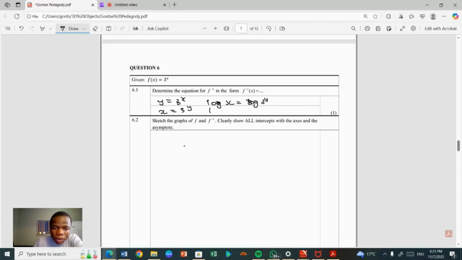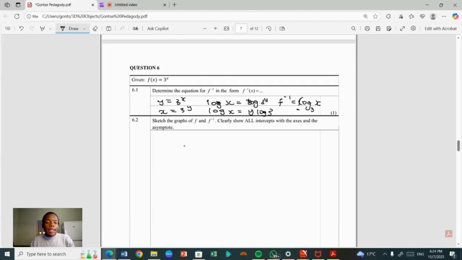Then y comes down, log x is equals to y log 3. Then therefore you divide both sides by log 3. Then your answer will be f to the power of minus 1 is equals to log base 3 of x. So this will be your equation.